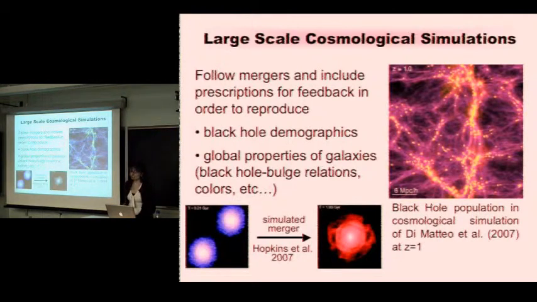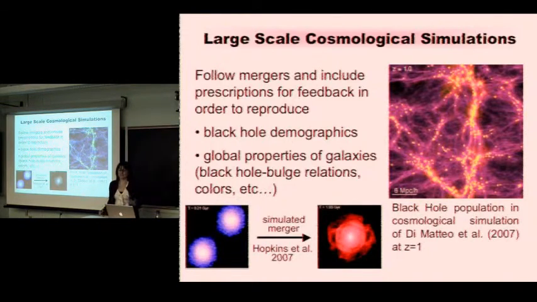So simulations have tried to follow some of these ideas. For example, large-scale cosmological simulations will follow mergers between halos and include prescriptions for feedback in individual galaxies in order to try to reproduce things like black hole demographics. In this example on the right-hand side, this is from a recent simulation by Di Matteo et al., where they put in all of these halos with seed black holes.